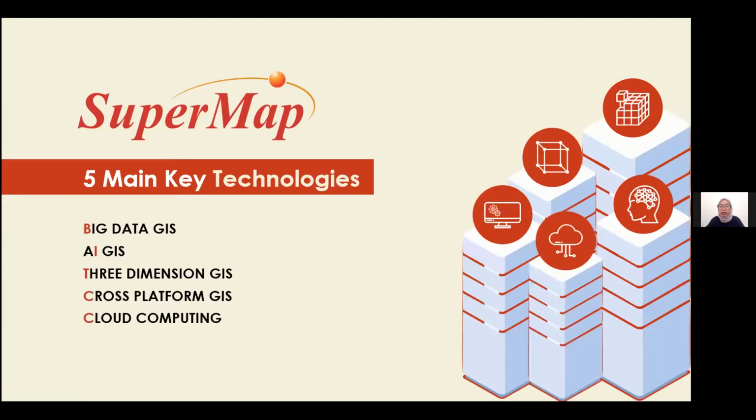And the last one is cloud computing. Since 2013, SuperMap has been able to do GIS processing using cloud technology that allows you to do computing services including servers, storage, databases, networking, software, analytics, and intelligence over the internet.